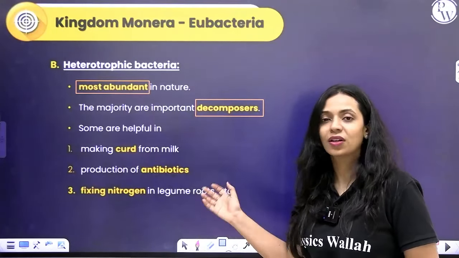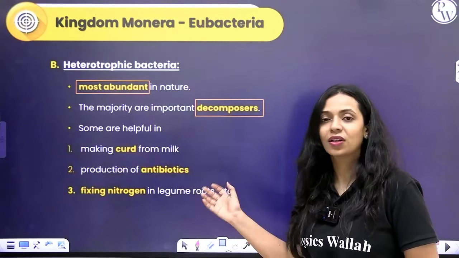Whenever cross walls are present, such a hyphae or mycelium is said to be septate. I want you to see here how this is one cell, this is one cell. In between the cells, you can find the presence of septa, right? So septa are present, and we call it septate.